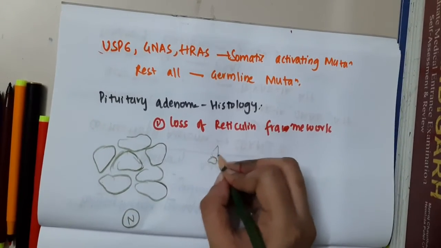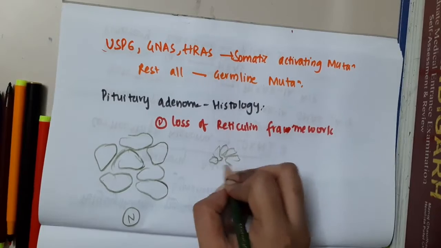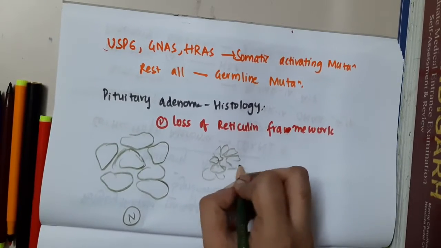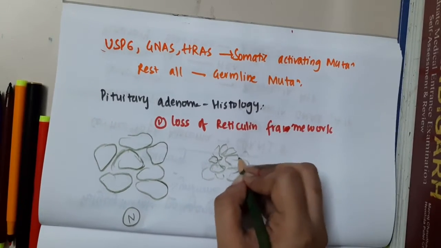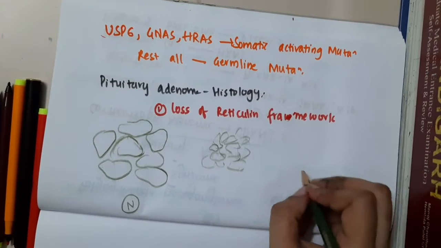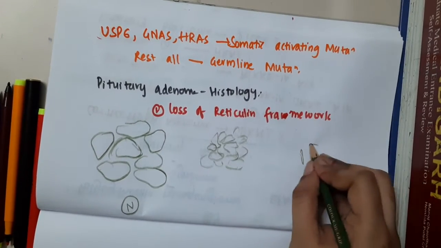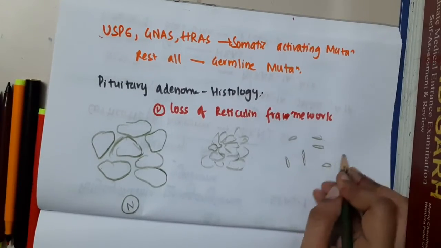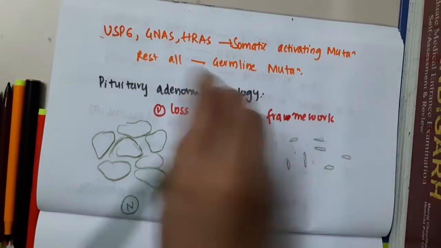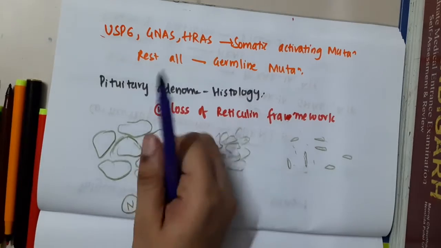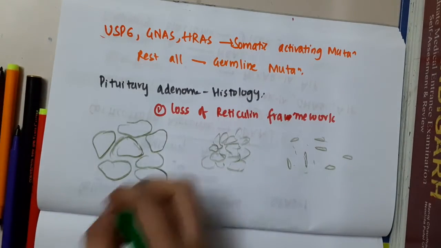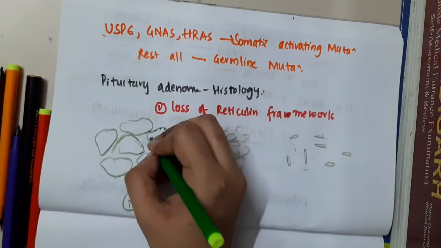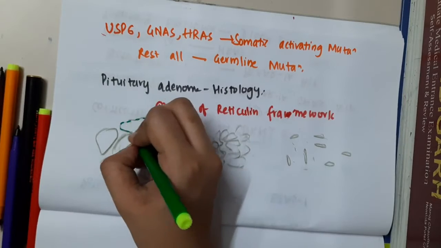In hyperplasia, it looks something like this. In adenoma, the whole pituitary framework that should be present is lost. All these are actually cells. The cells are present only at the margins, even here at the margins.